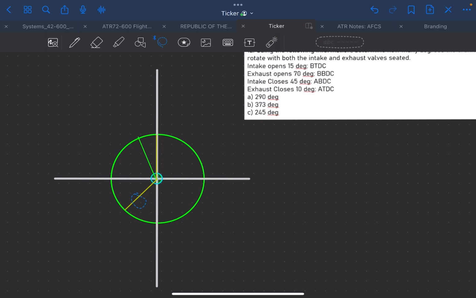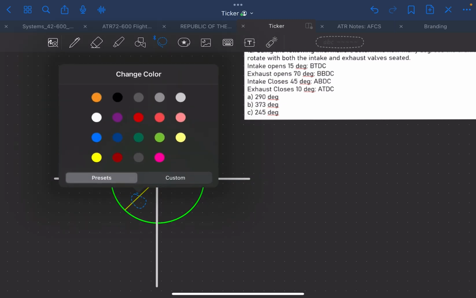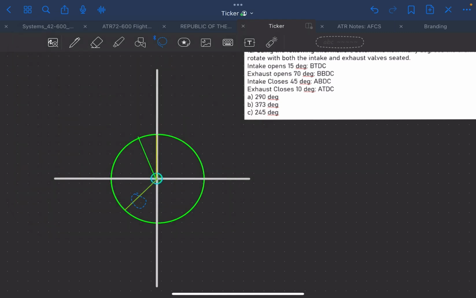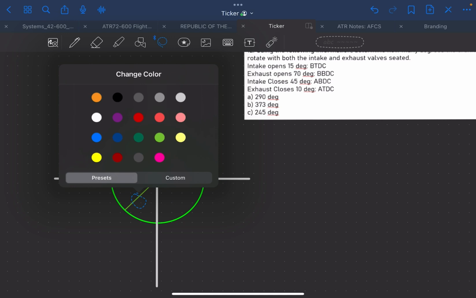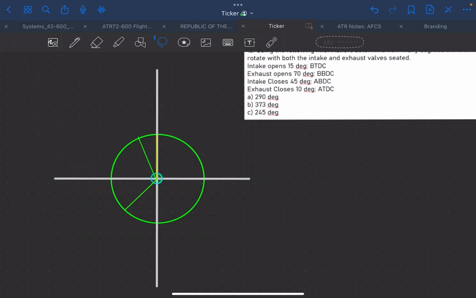So let me just color this green. After that 45-degree turn, we have reached 270 degrees.